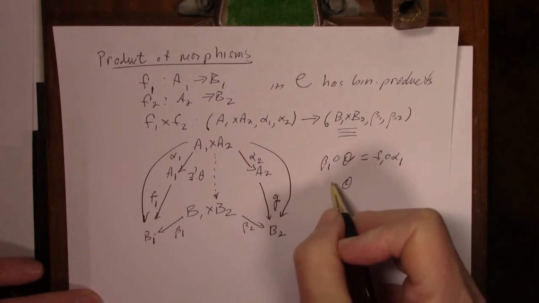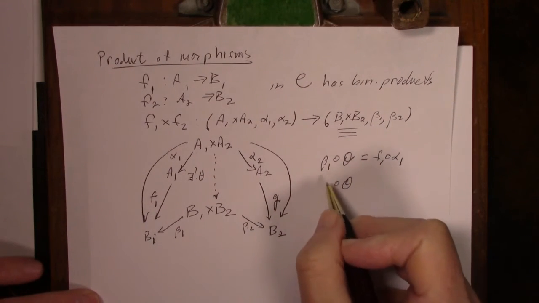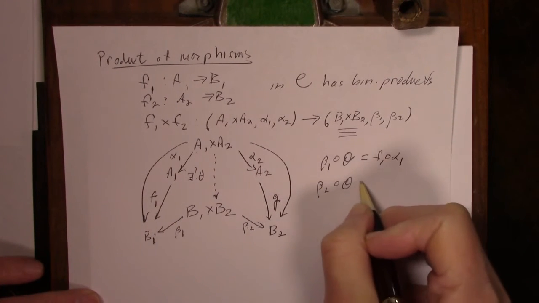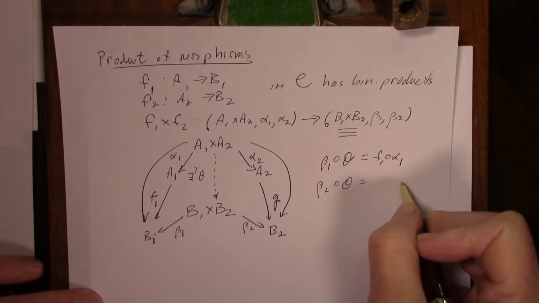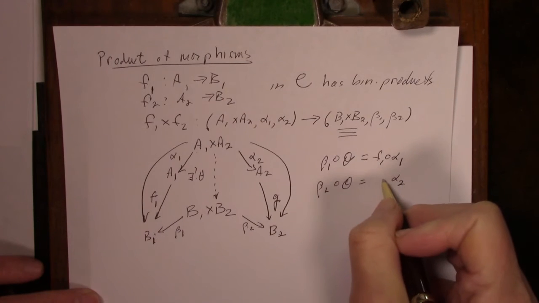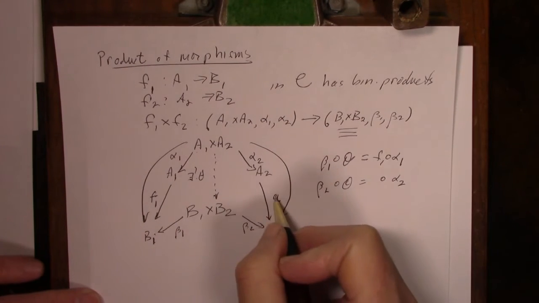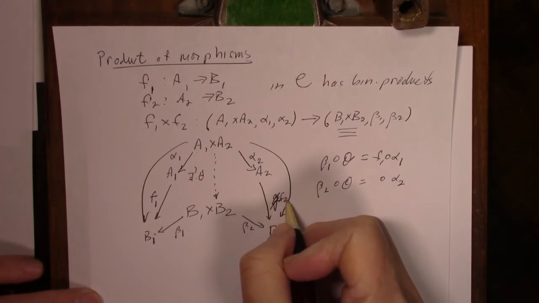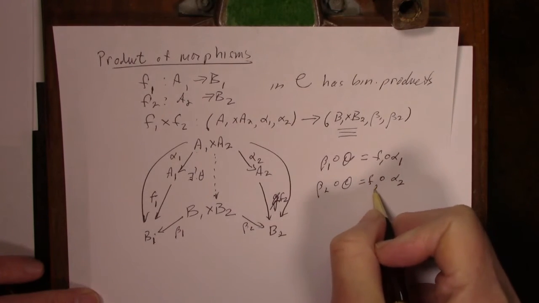And if we start with theta and then we follow that by beta 2, we will get the same as if we start with alpha 2 and follow that with F2.